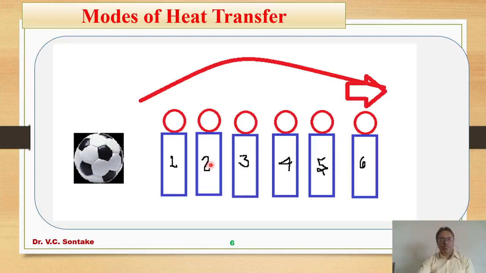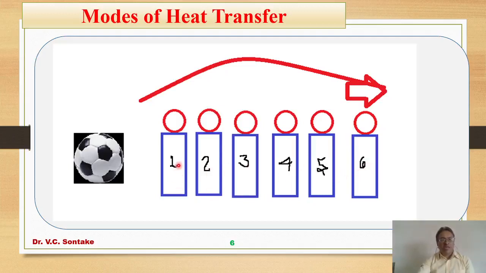This player 2 has given this football to its neighbor player 3. This process went on, and in this way football, and hence heat, has been transferred from player 1 to player 6.